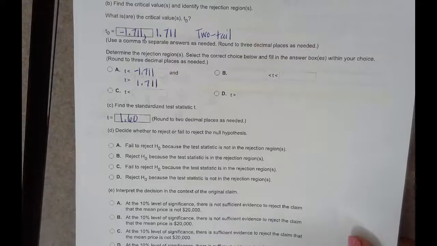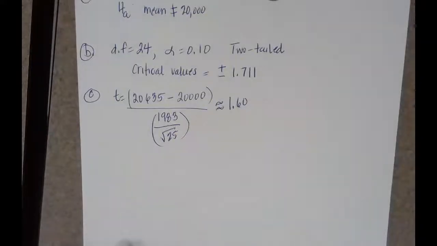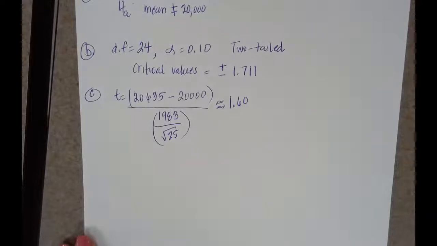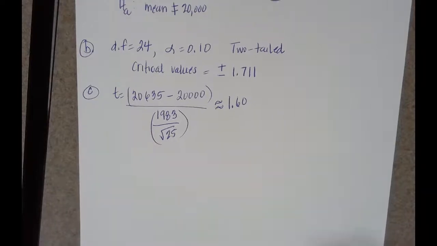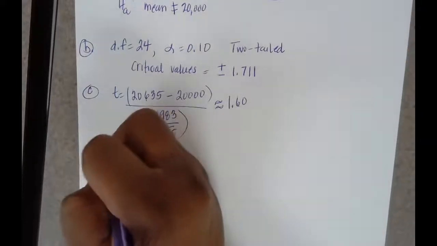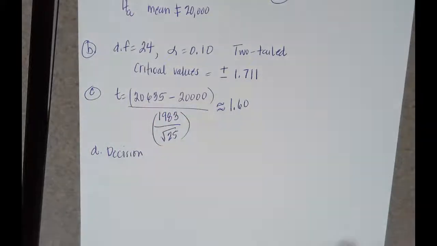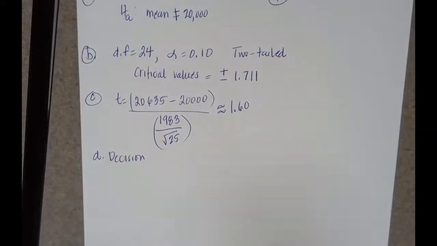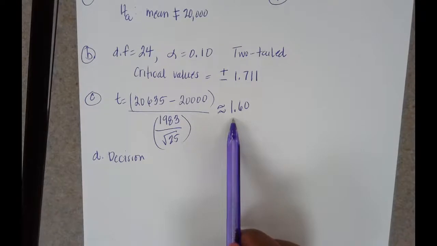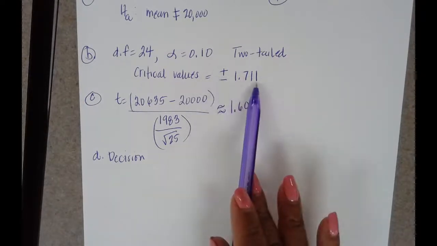So we need to compare what we're given to T. So as we determine our decision, we compare the test statistic to the critical or rejection regions that we have.